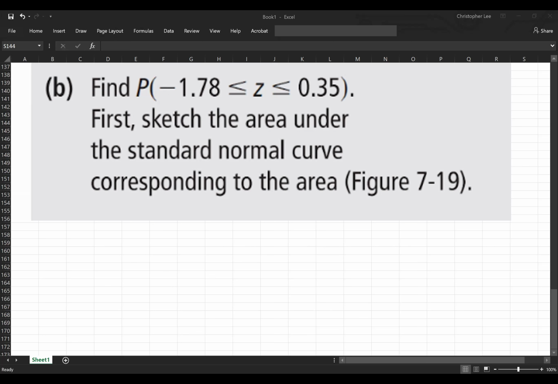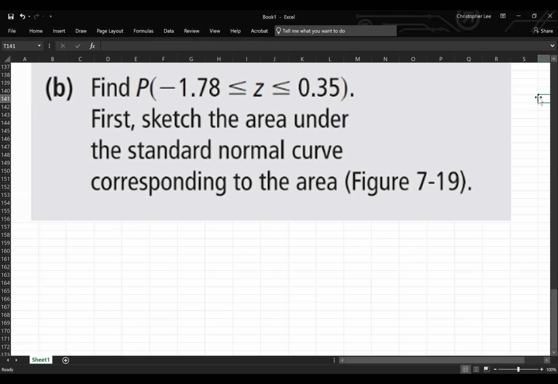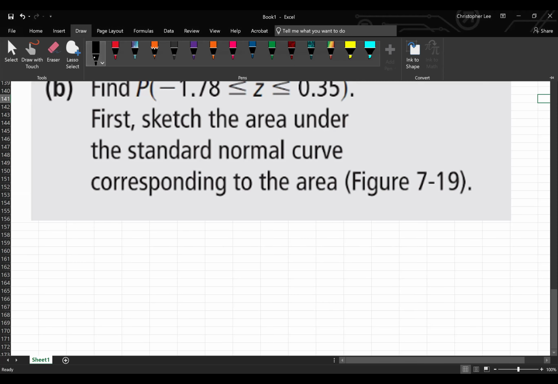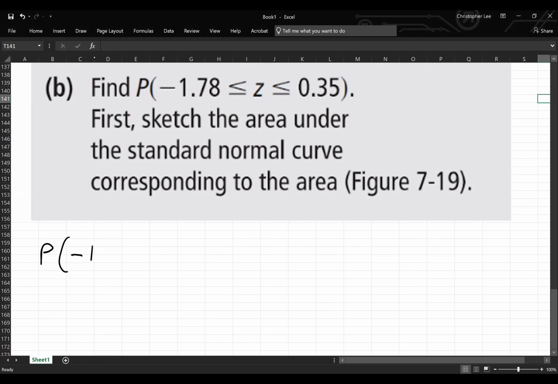All right, let's go through it. I want the probability of negative 1.78 less than or equal to z less than or equal to 0.35.